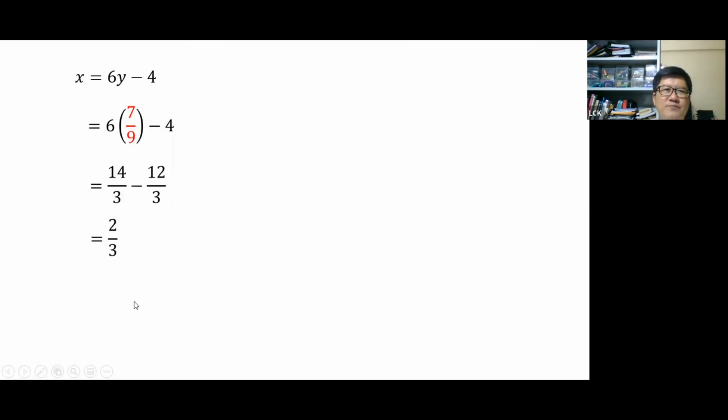And that's 2 over 3. So this is one solution. 2 over 3, that's your x value. Remember that you have to state your x value first. Your x value is 2 over 3. Your y value is 7 over 9. Now, this is the other value here.